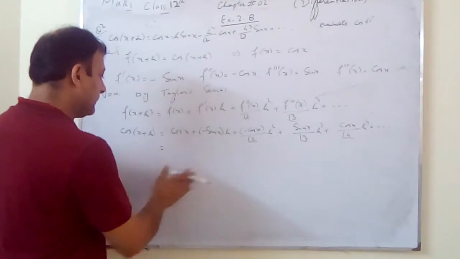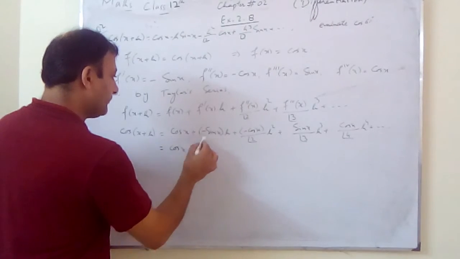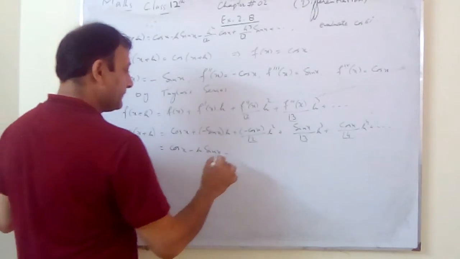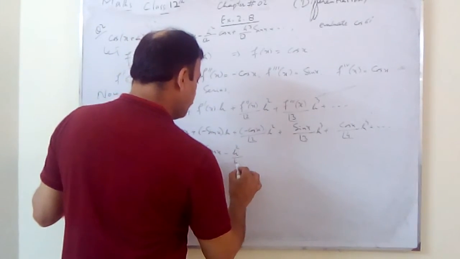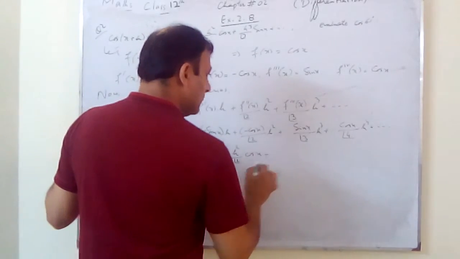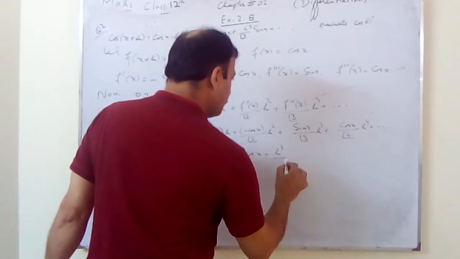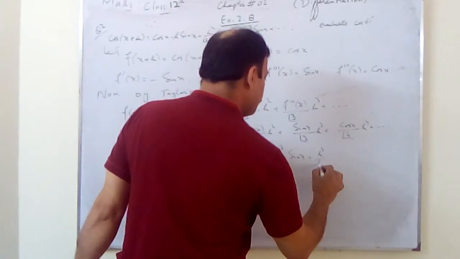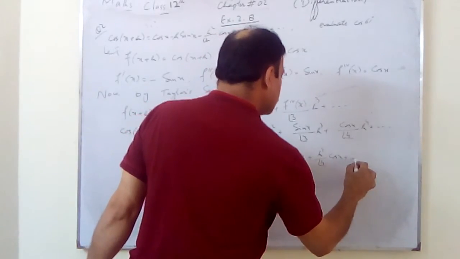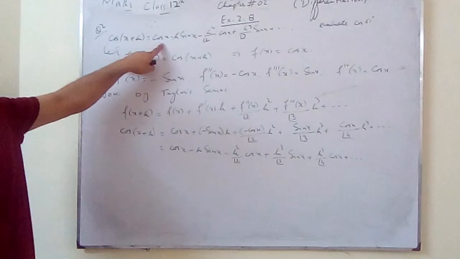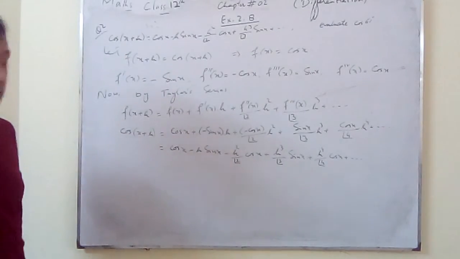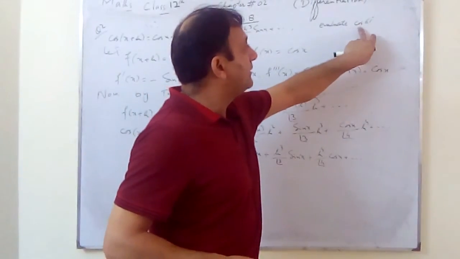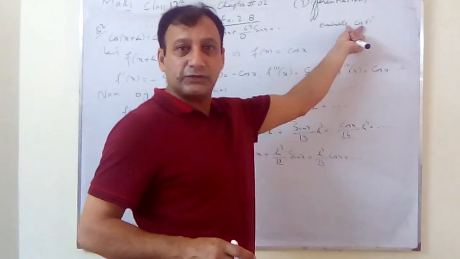Or if I write it in a proper sequence: cos x minus h sin x minus h square by 2 factorial cos x plus h cube by 3 factorial sin x plus h to the power 4 by 4 factorial cos x plus so on. So this is exactly what he is asking in the question, show that. So it is proved, but the second part is also there, to evaluate this for cos 61.